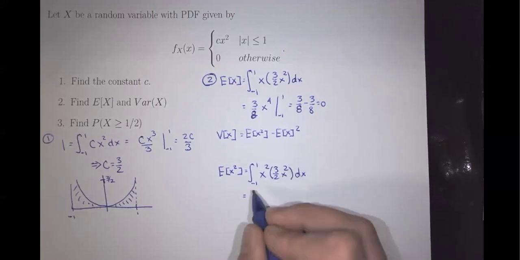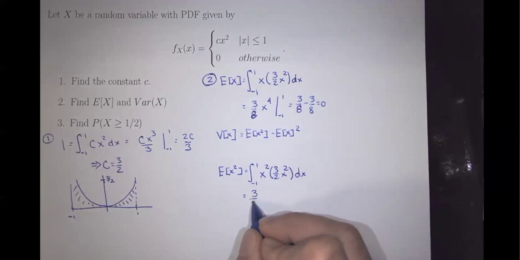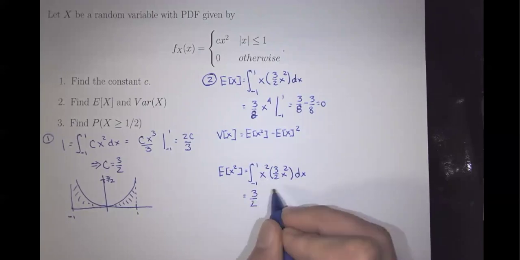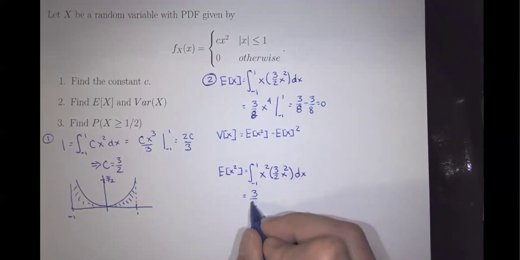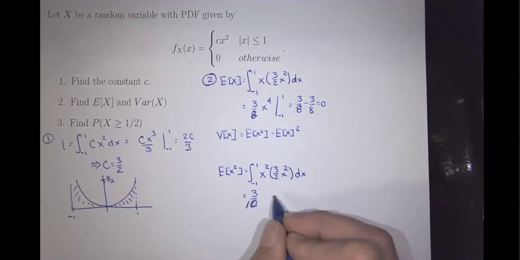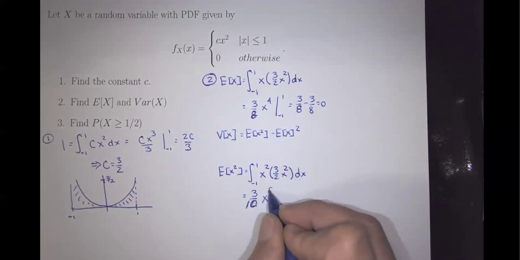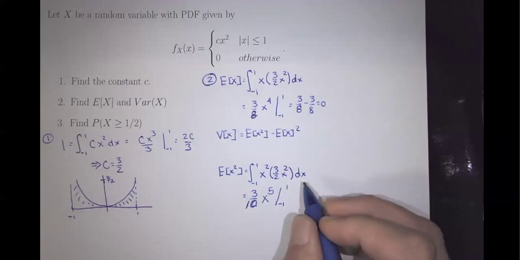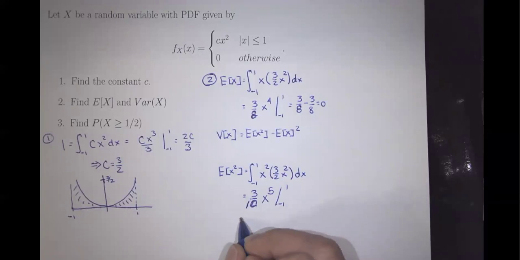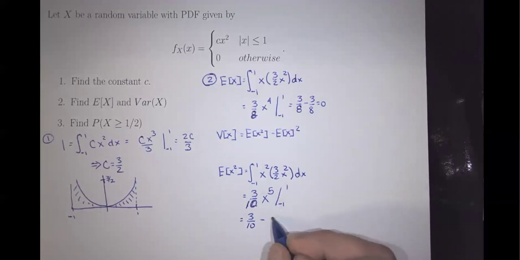The antiderivative is x to the 5th. So 3/2 x to the 5th over 5. So it's not 3/2. In fact, it's 3 over 10 times x to the 5, going from -1 to 1. So when x is positive 1, we get 3 over 10, minus when x is -1, we get -3 over 10.